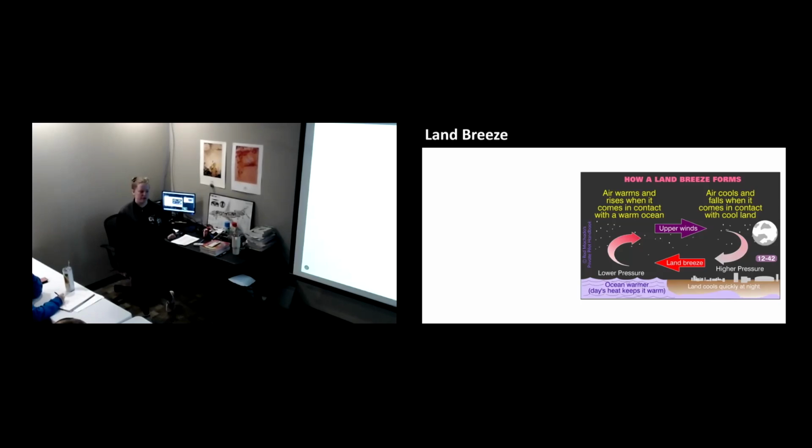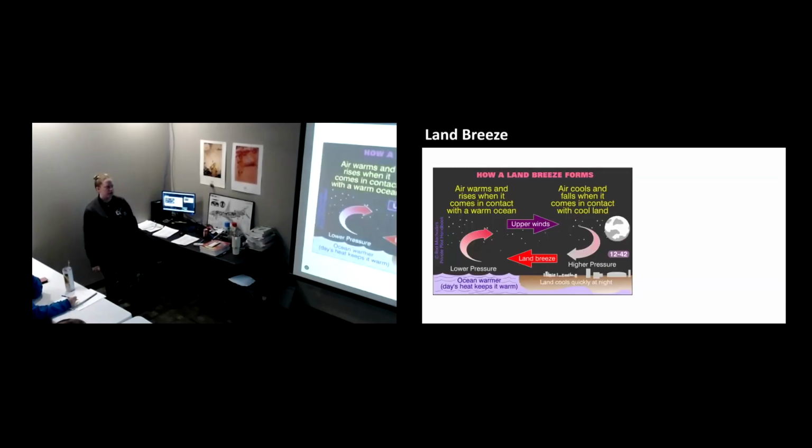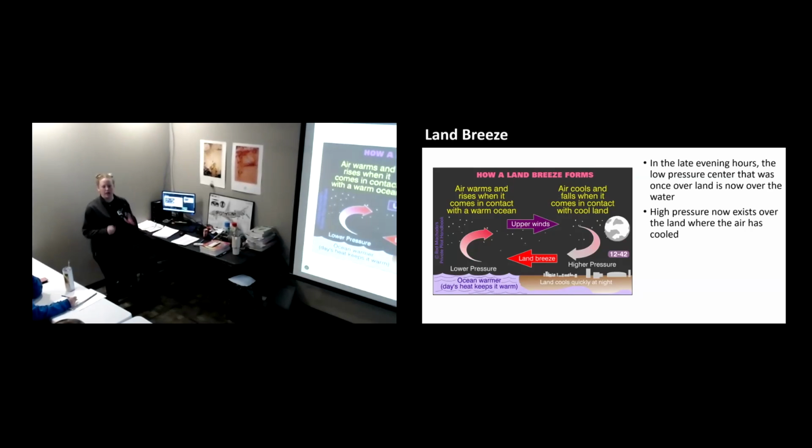A little too far away from the ocean to really feel the big effects from this. But it is on your radar. Okay, just a couple questions. Land breeze, sea breeze. You don't need to know why or where the low pressure is. It's going to be a question like, which direction does the land breeze come from? Sea, land, or I don't know what the third option would be, but.